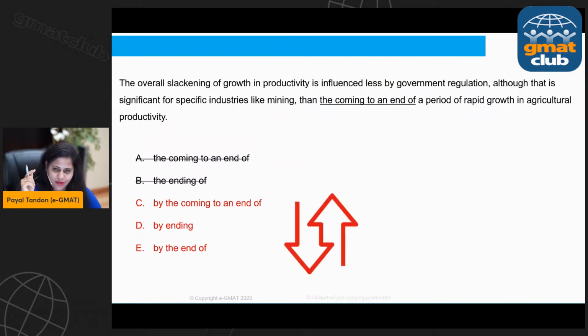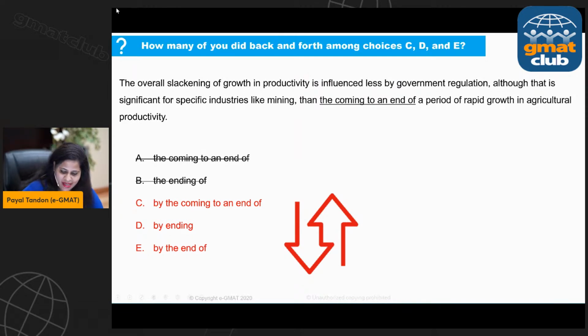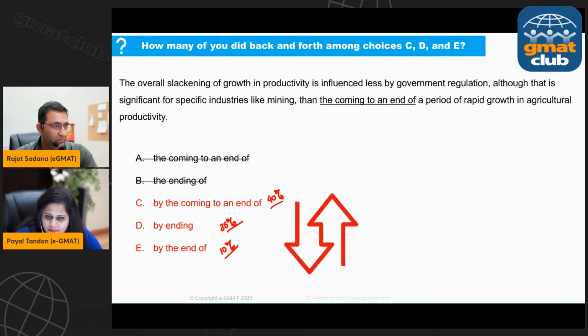Now, how many of you did a lot of back and forth among choices C, D, and E? Let me remind you, 40% here, 35% here, and I think 10% here. Please type it in the chat.